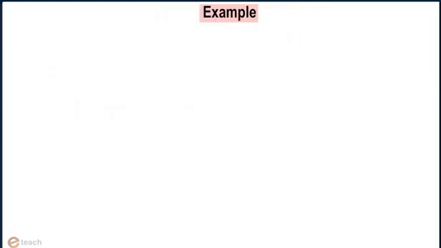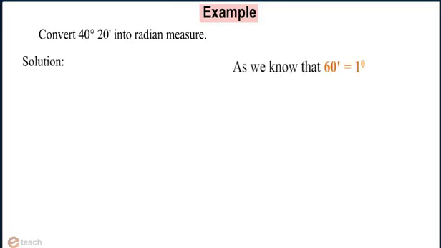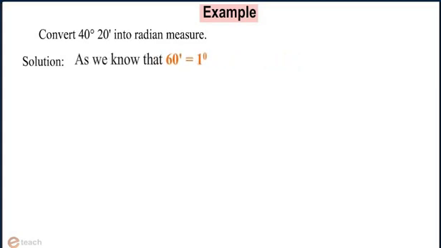Let us take an example. Convert 40 degrees 20 minutes into radian measure. Let's see the solution. We know that 180 degrees equals pi radian. So the angle given here is 40 and 1/3 degrees. We know that 60 minutes equal 1 degree.